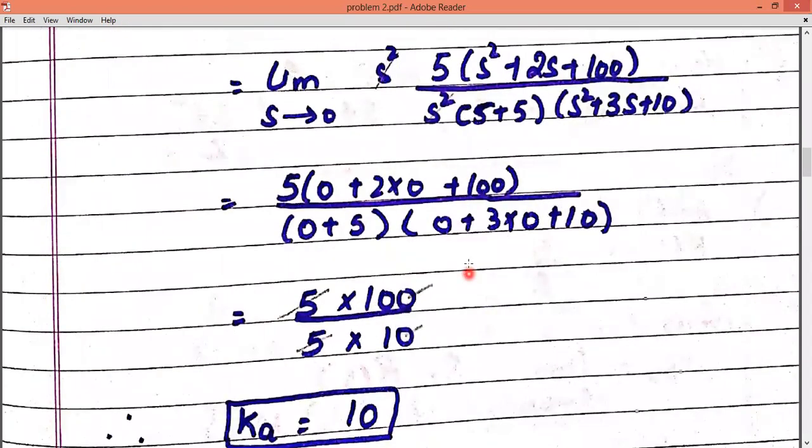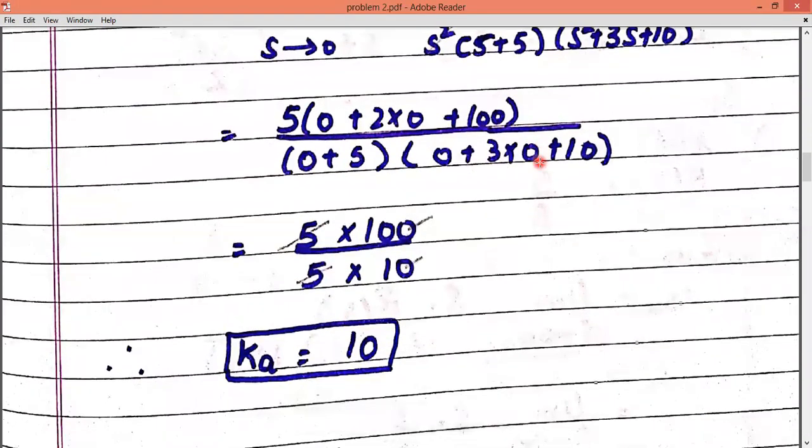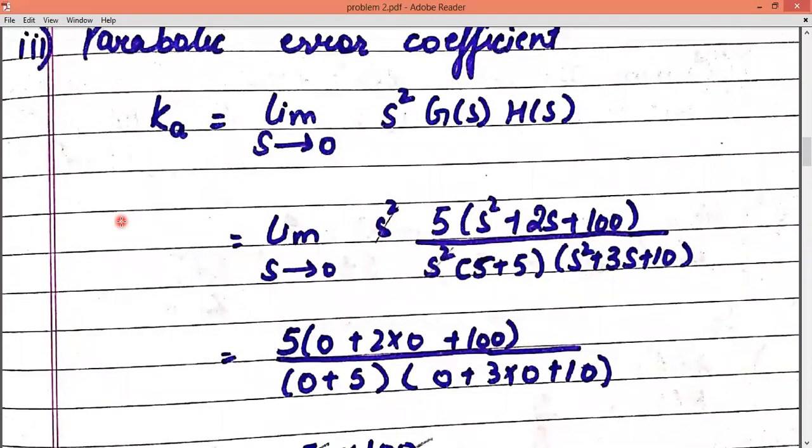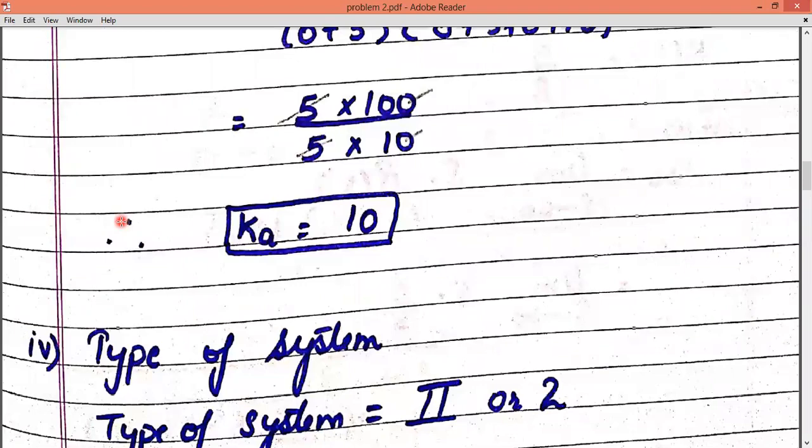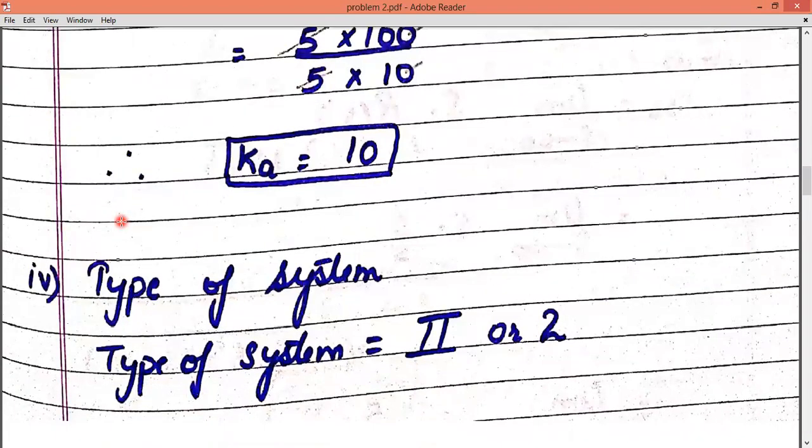After cancelling the common s square, we put the limit here, and after the simplified portion we get Ka equals 10. This 5 will be cancelled out and this 10 will be cancelled out. We'll get the parabolic error coefficient as 10.